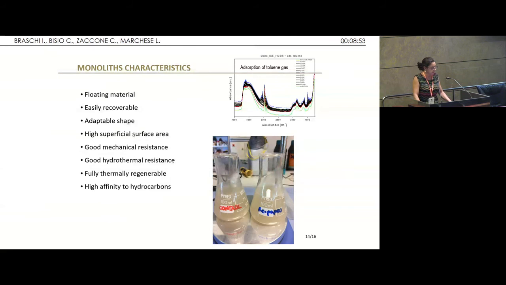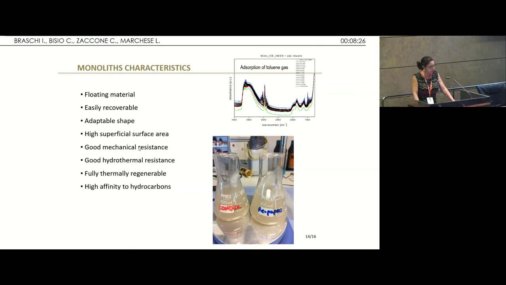The surface area is quite high, about 500 square meters per gram. It has a good mechanical resistance, so it can just be put into a big tank and stay in touch with water for a long time. The water, of course, is moved inside the tank.